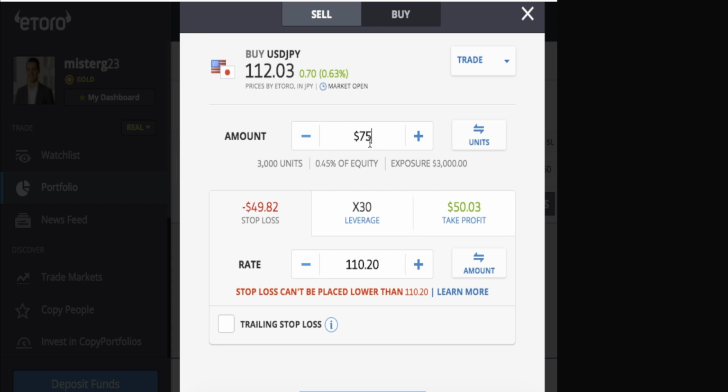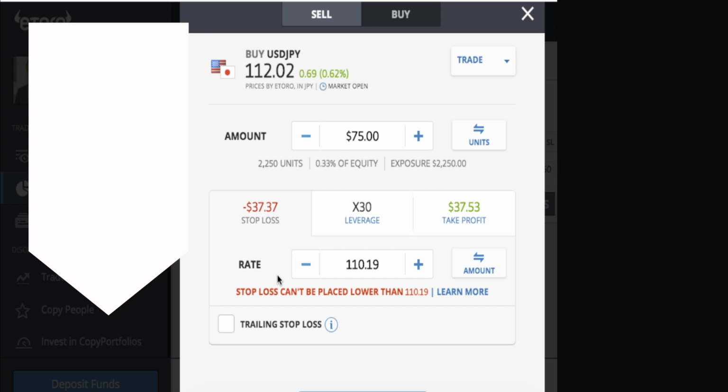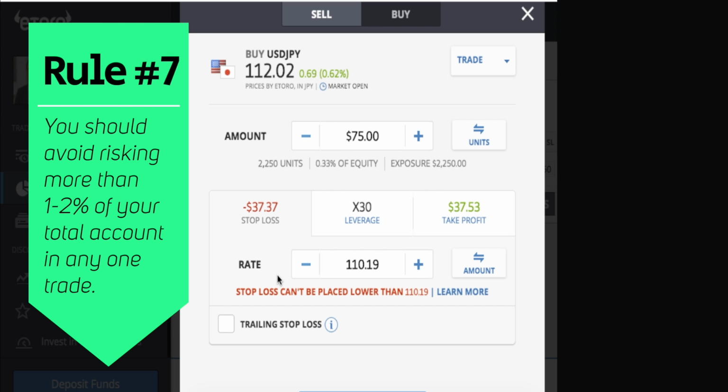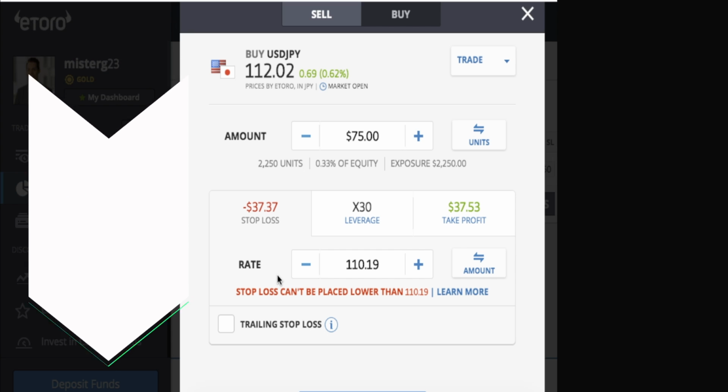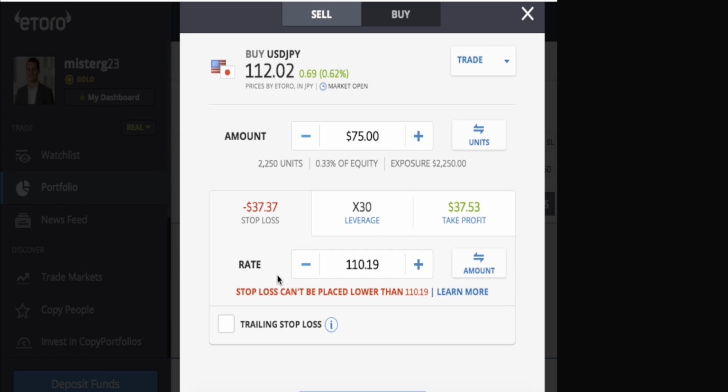So if we reduce it down to 75, this might be a more acceptable amount to you. And this is just in relation to your total account. So it's a risk management consideration. But you should never look at the stop loss amount in isolation when trying to determine the optimum stop loss level, because that doesn't really make sense.